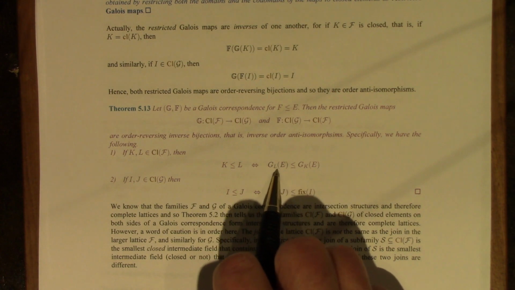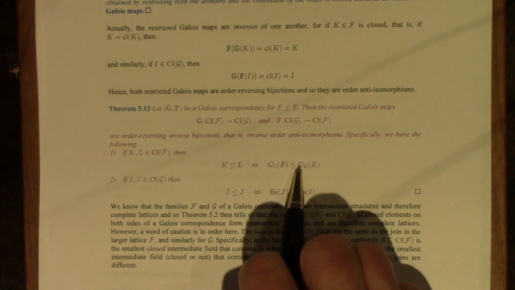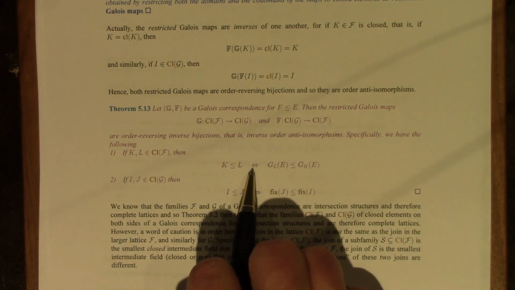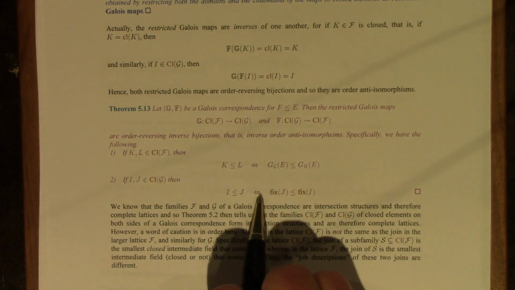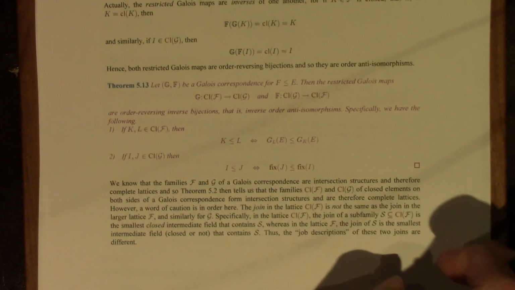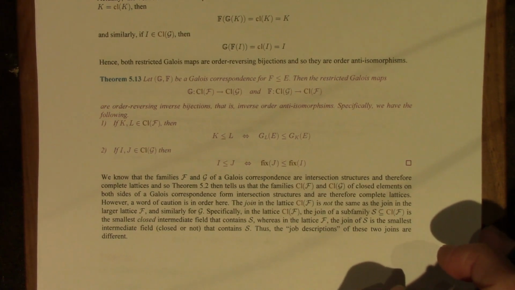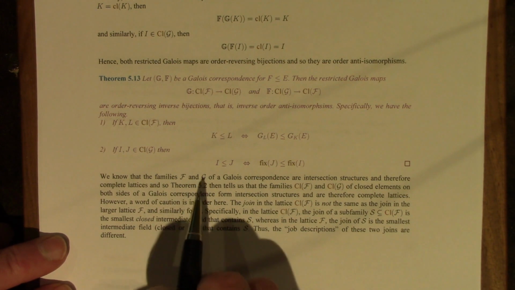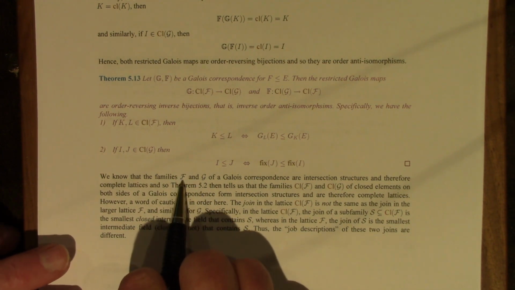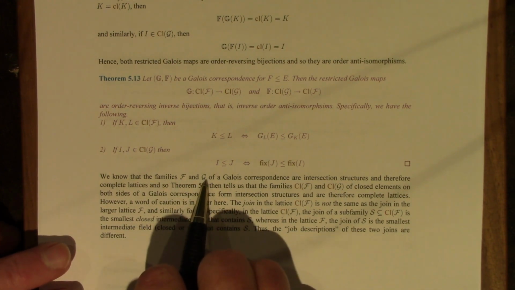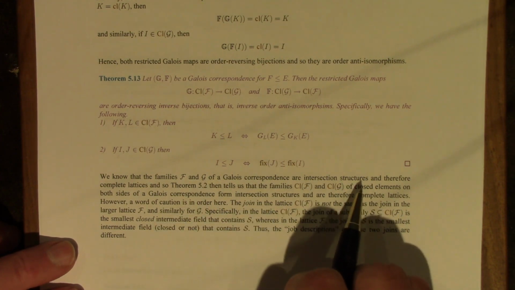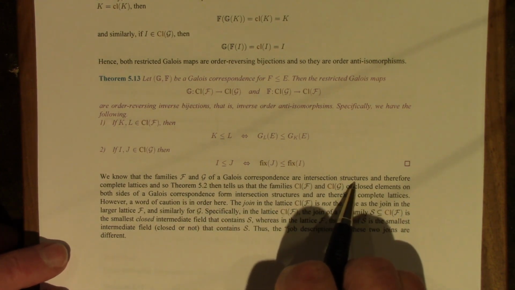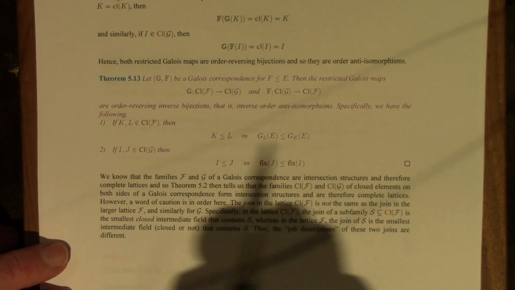Specifically then, we have K contained in L if and only if GLE is contained in GKE. This goes in both directions now, and so does this one. Well, we know that the families of all intermediate fields and all subgroups of the Galois group are intersection structures, and therefore complete lattices.